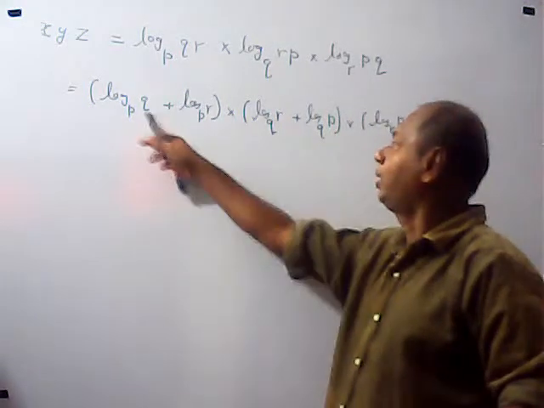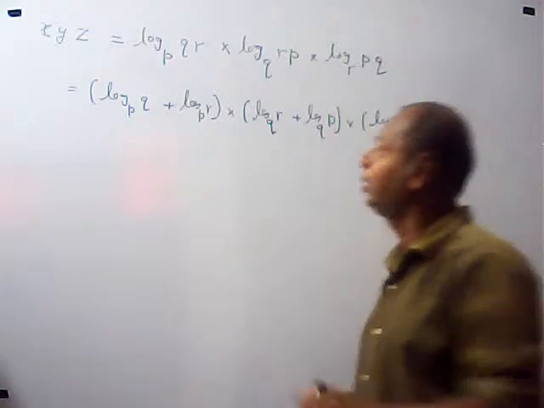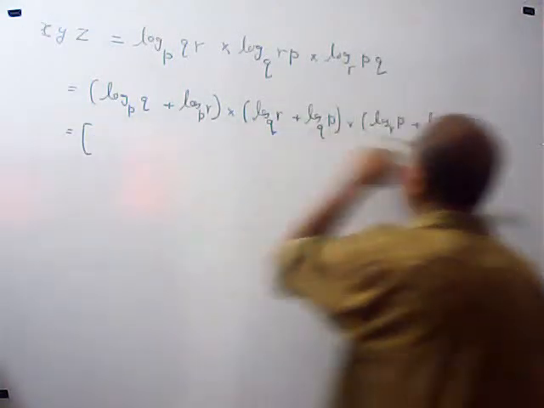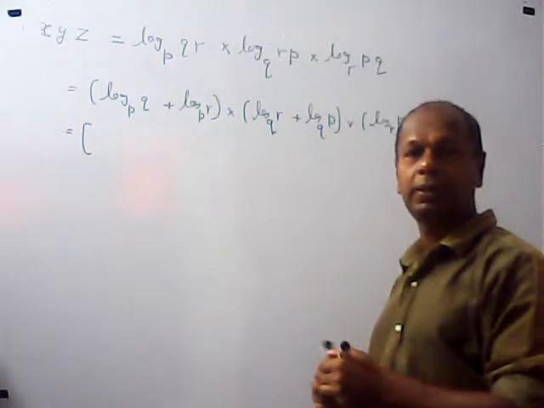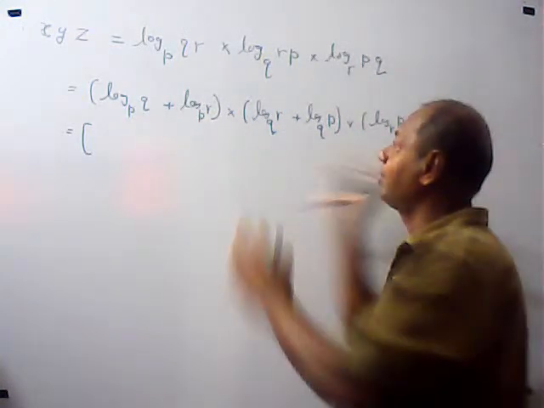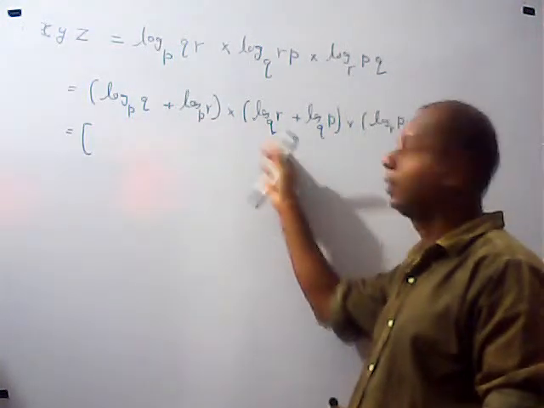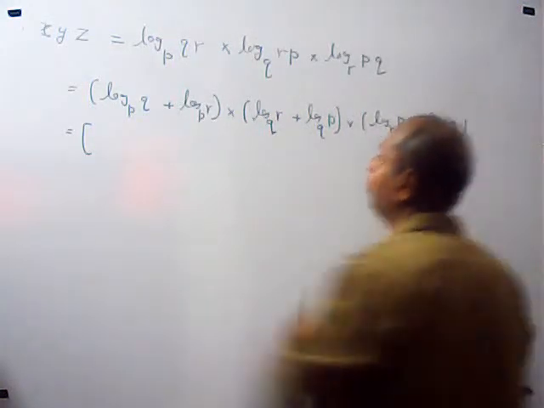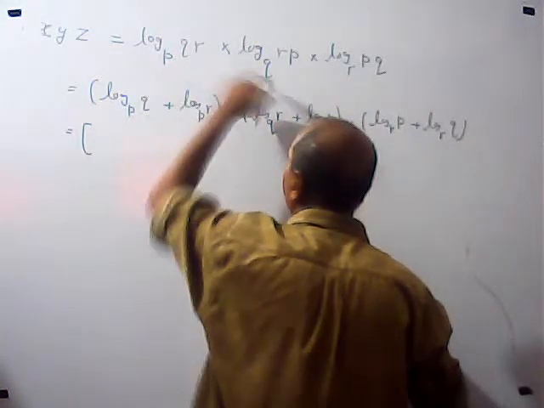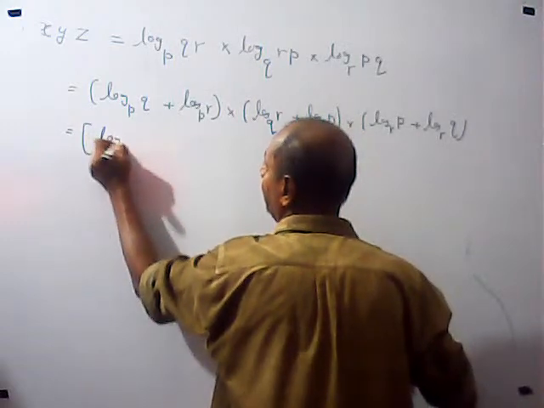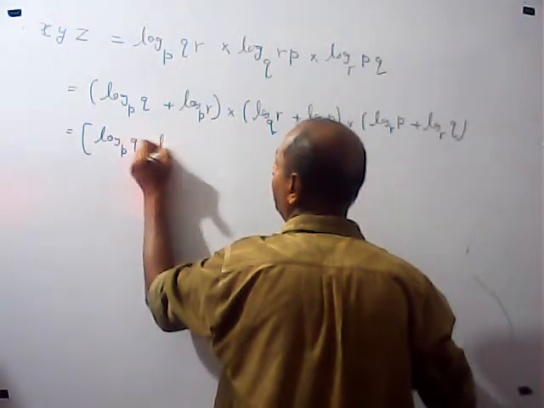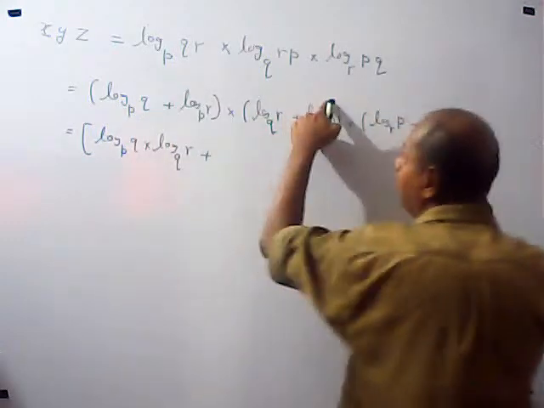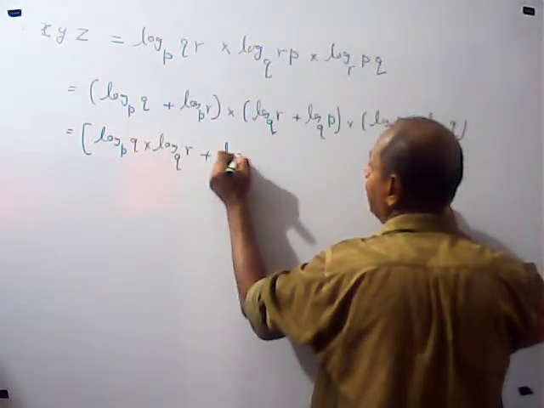So then you can expand it. You can't open all the pairs of brackets. Instead, we will open these two. If you multiply, you get log PQ log QR plus then this into this, log PQ log QP.